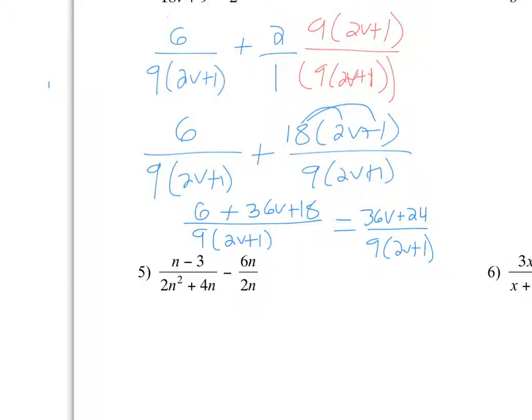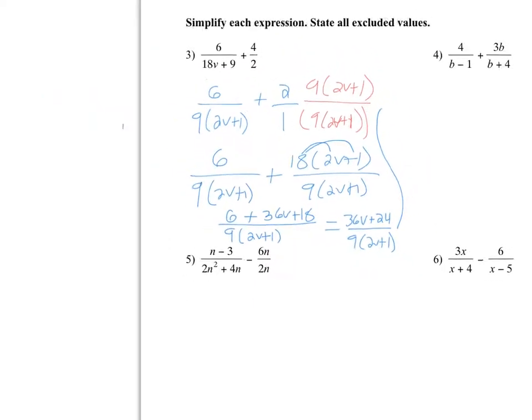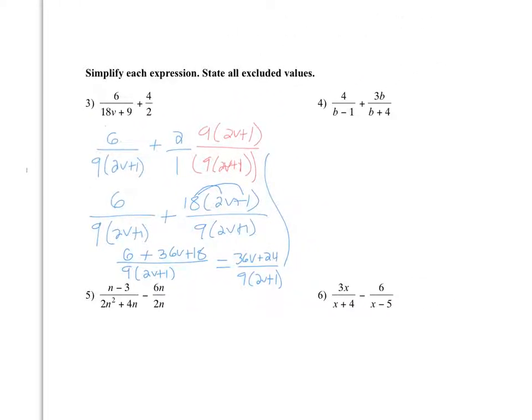It looks like I can factor out a 3 from the numerator, from the top of this fraction. I'm going to try and move my work up just a little bit so that I have a little bit more space. So 36 divided by 3 ends up being 3 times 12v, and 24 divided by 3 is going to be 8. All of that over 9 times 2v plus 1.